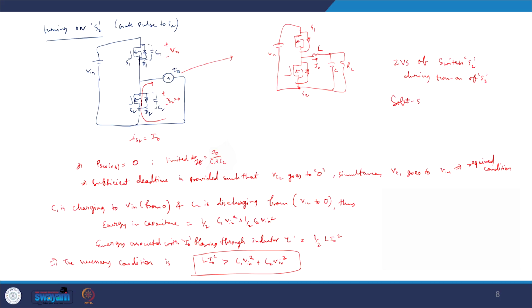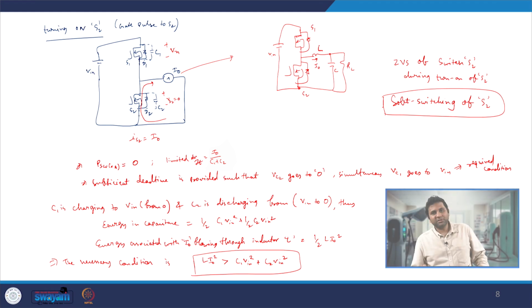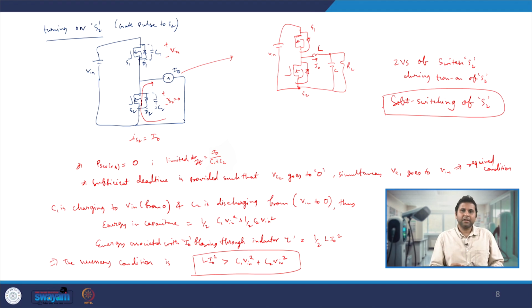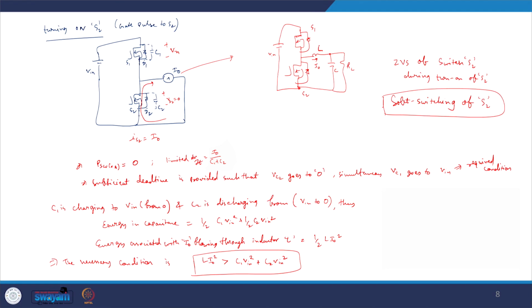So there we have soft switching because we were softly turning on S2 during turn on. We make sure VS2, the voltage across S2, goes to 0, and the transition is soft because it is limited by the output current and the capacitance of these devices.